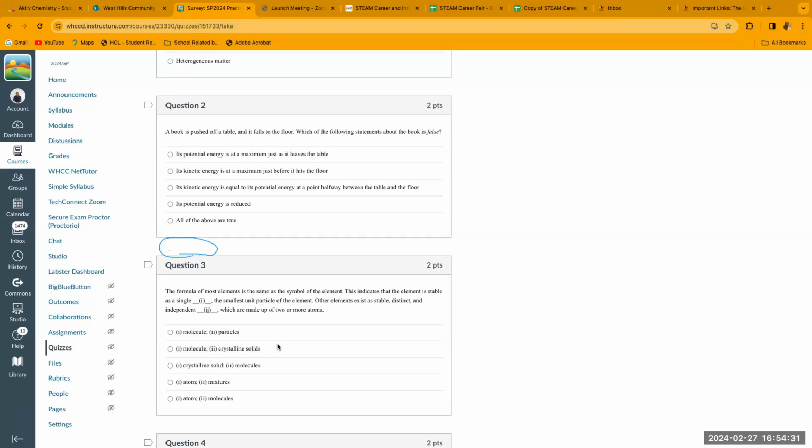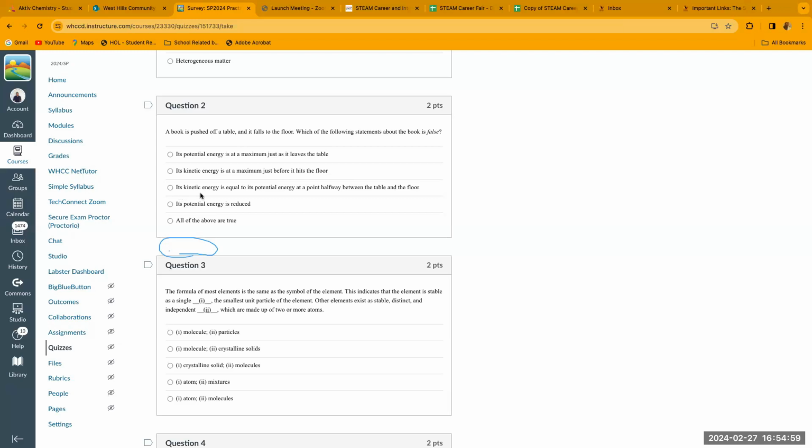A book is pushed off the table. It falls to the floor. Which of the following statements about the book is false? A, its potential energy is at the maximum just as it leaves the table. B, its kinetic energy is at its maximum just before it hits the floor.